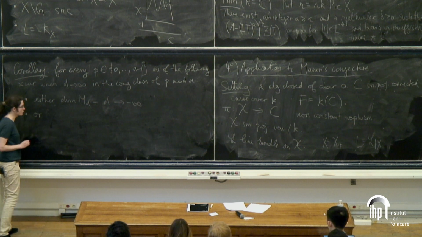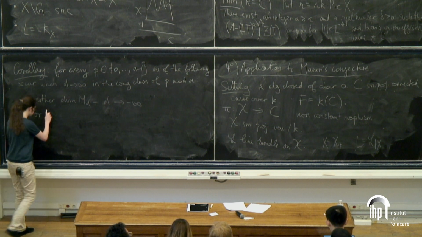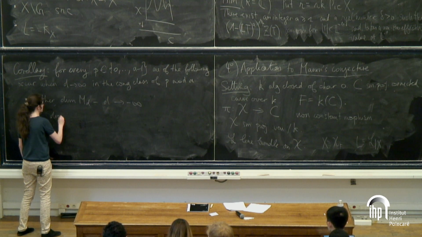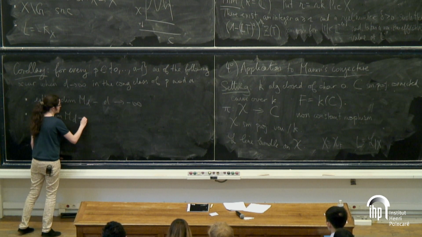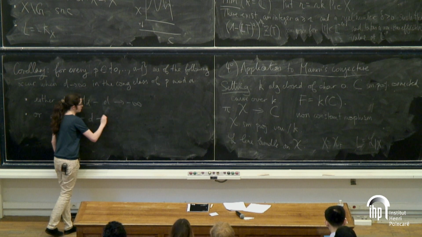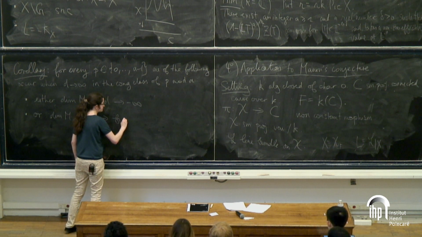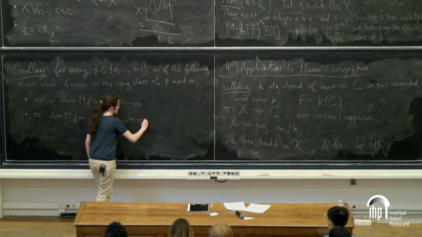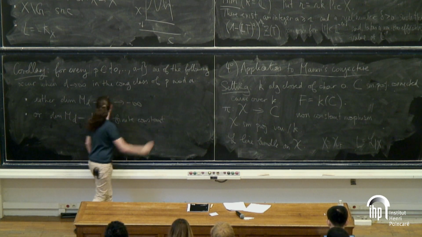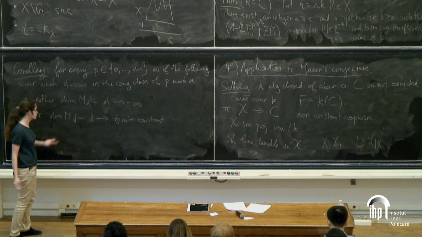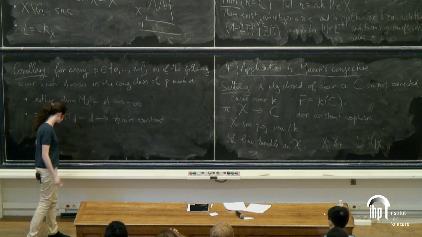But what also might happen is that dimension of M_D minus d converges to some finite constant. So this means that eventually dimension of M_D is just equal to d plus some constant.